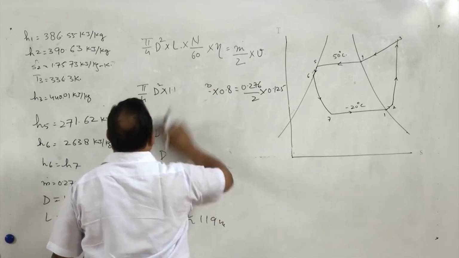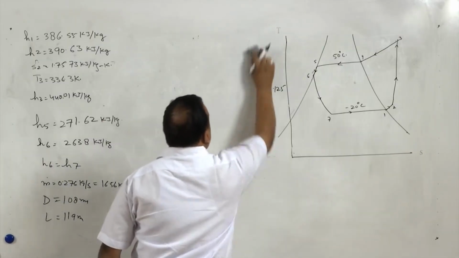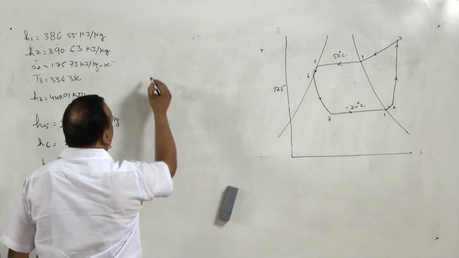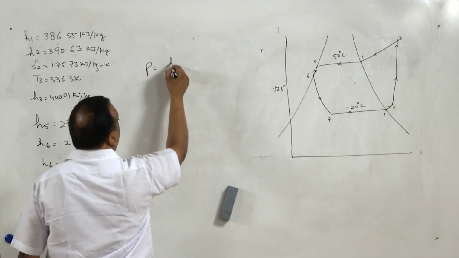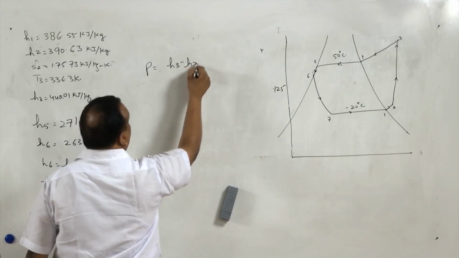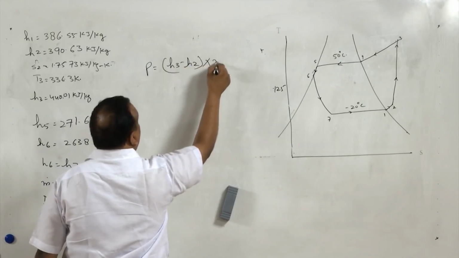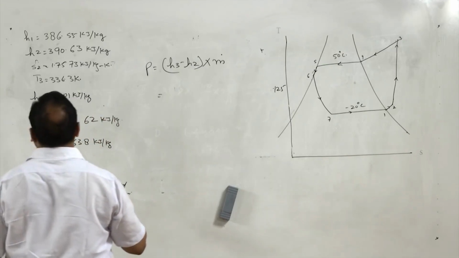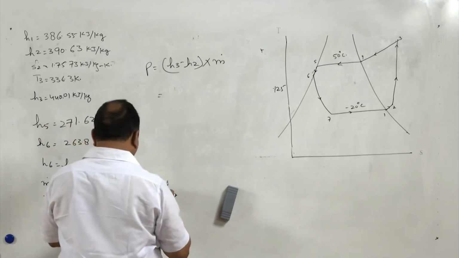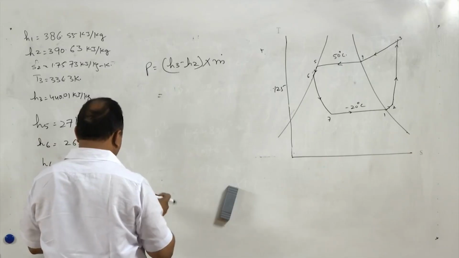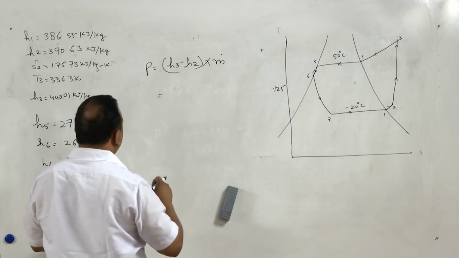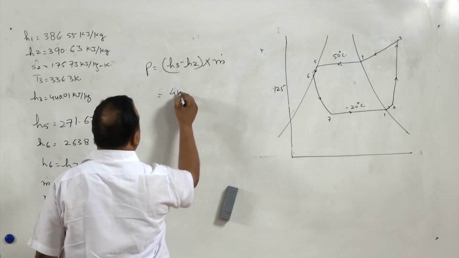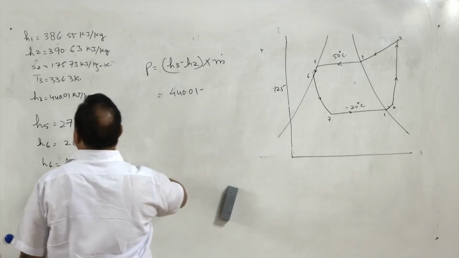Now, the last one is power consumed by the compressor. Power consumed by the compressor is H3 minus H2 multiplied by mass flow rate of refrigerant. Now, H3 is 440.01 minus H2.